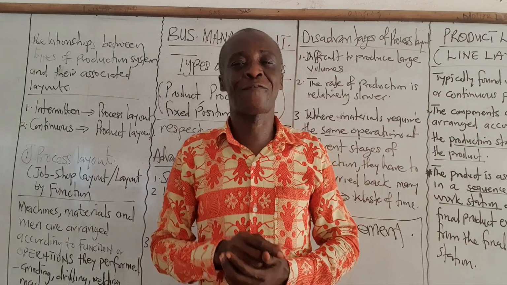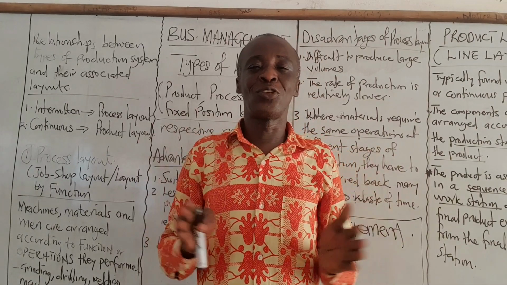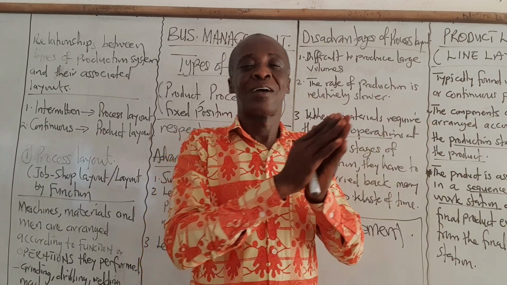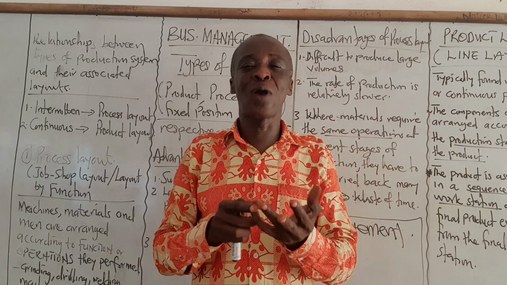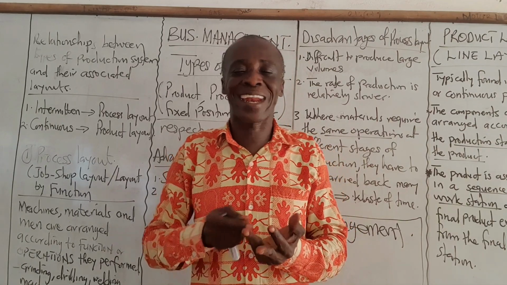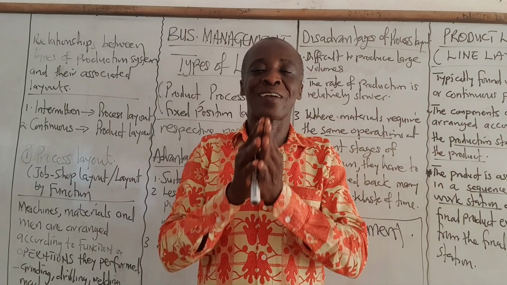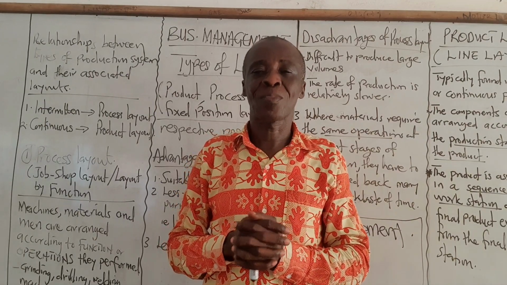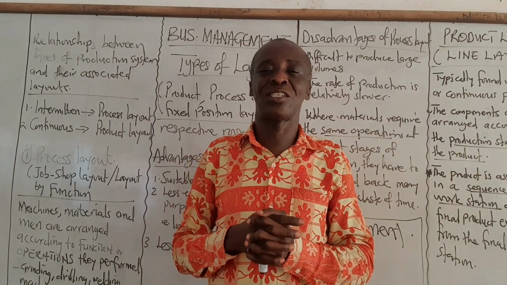For example, when I say function, let's look at it. You are at a workplace where you are using, for example, grinding machines. So you have a room where you have grinding machines. You have a room where you have welding machines.